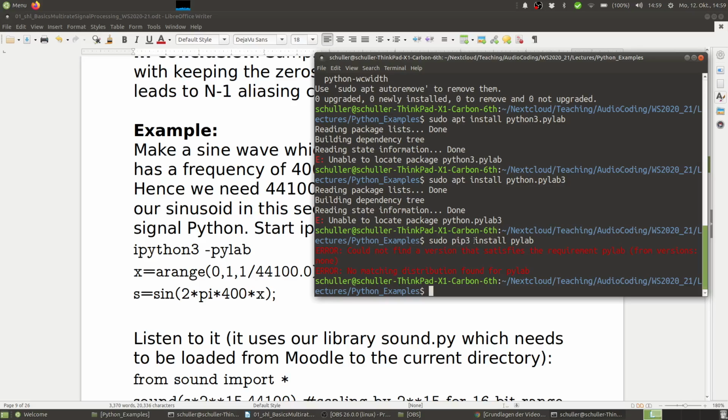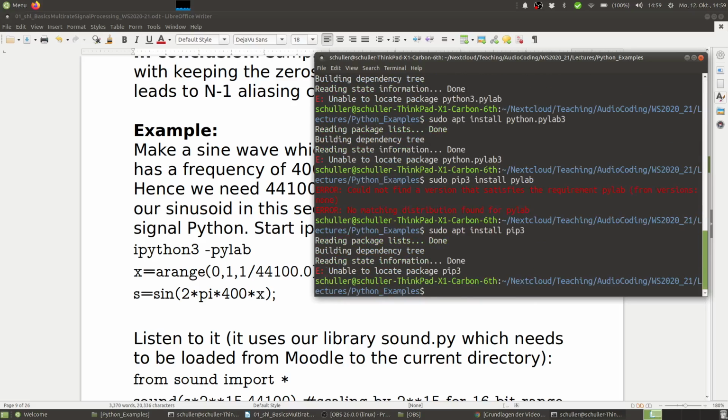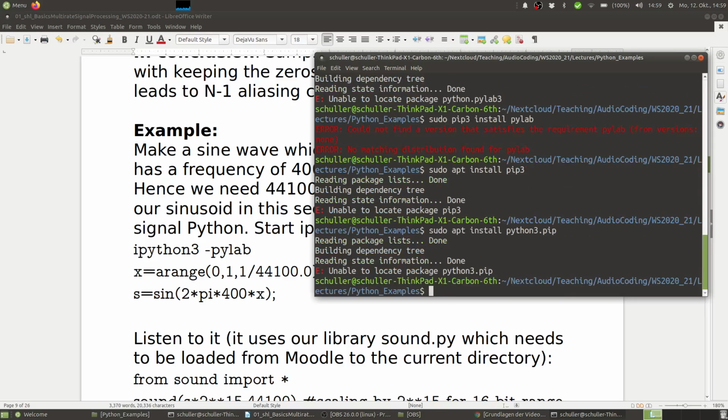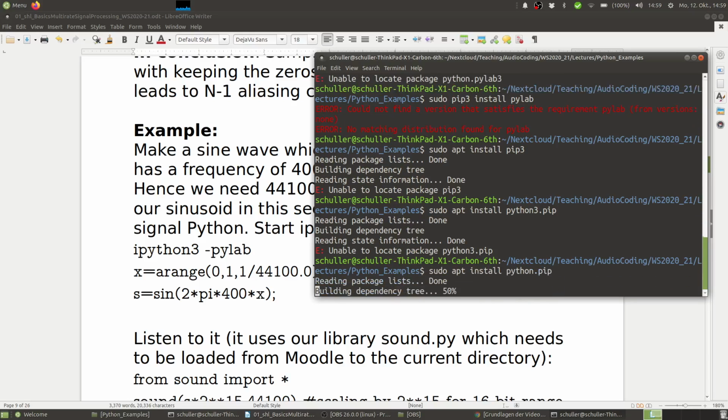Right, and then you can install it in this way. Again, very useful. And for the pip, you also need to install it first. So that comes from your software center. Install pip3, probably python3-pip. Somehow that's not really working.